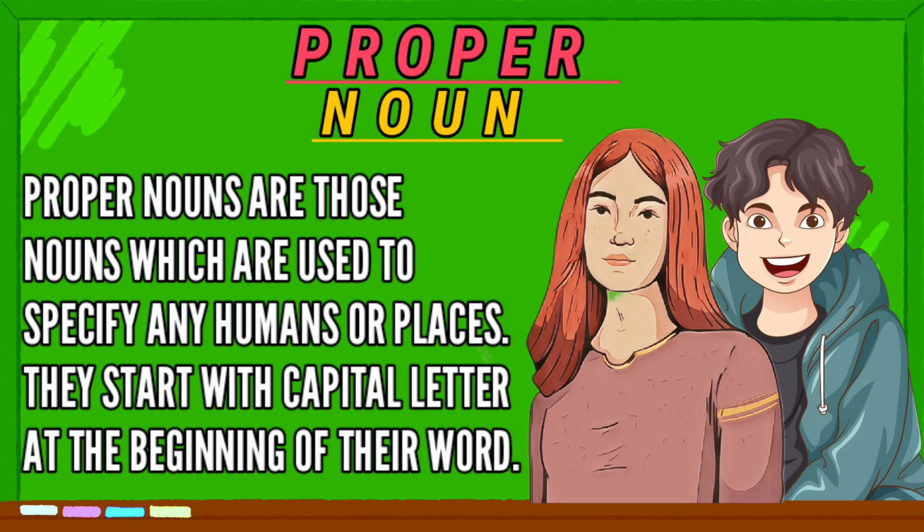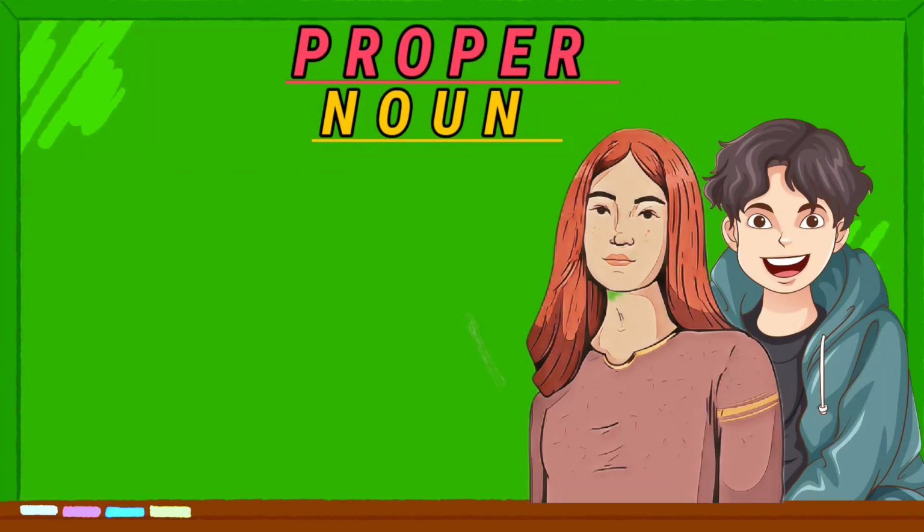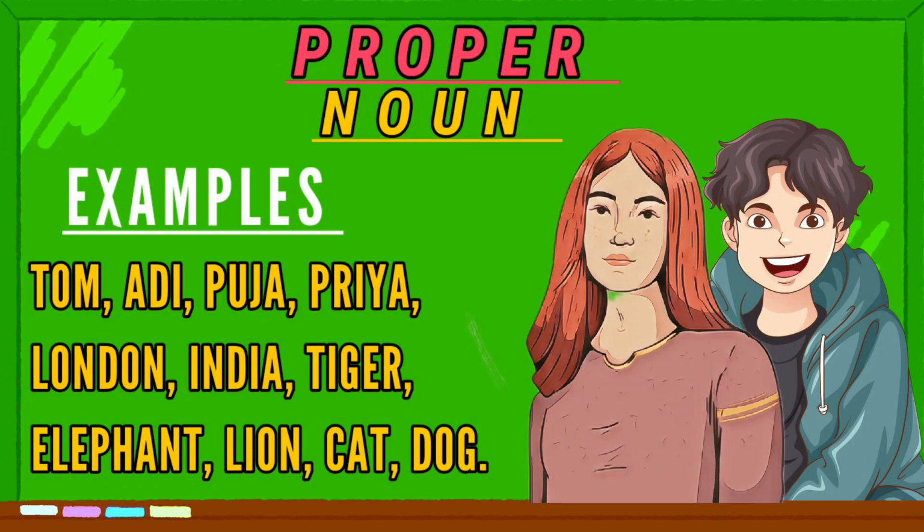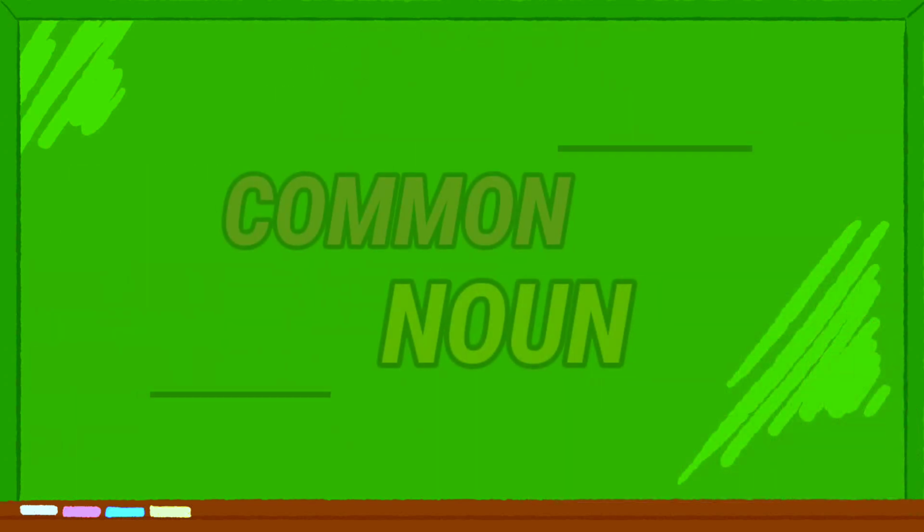And when we write any proper noun, we start it with capital letter at the beginning of the word. For example, I can say here like Tom, Adi, Pooja, Priya, London, India, tiger, elephant, etc. because they specify the existence of their object.